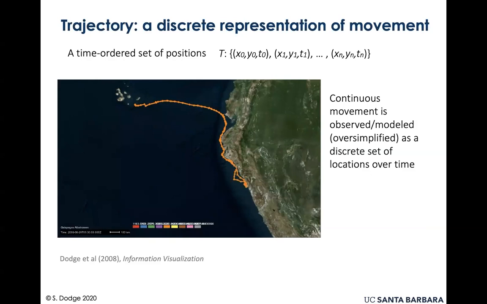This is a trajectory of one Galapagos albatross moving from the Galapagos to the coast of Peru to the far edge and back. So we often use trajectories as a very oversimplified version of movement. As you know, movement is continuous, but in any study we model and simplify things to be able to study them.